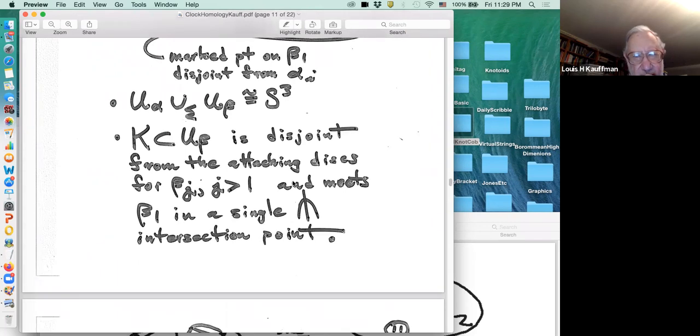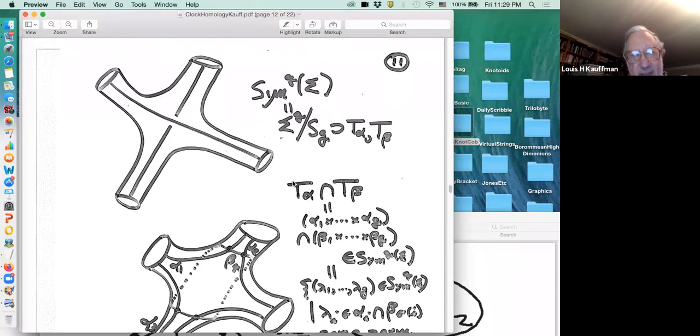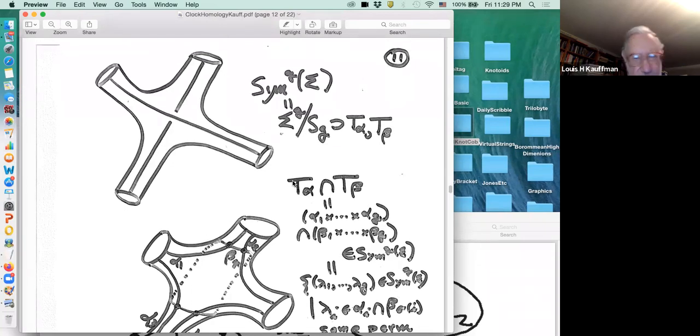And the knot is disjoint from the attaching circles and meets the beta 1 in a single intersection point. So then they do the following incredible thing. You wouldn't think of doing this unless you were in their long evolved way of thinking.